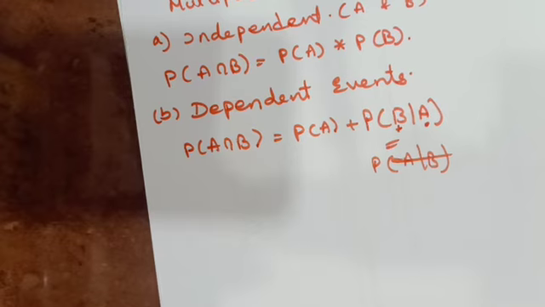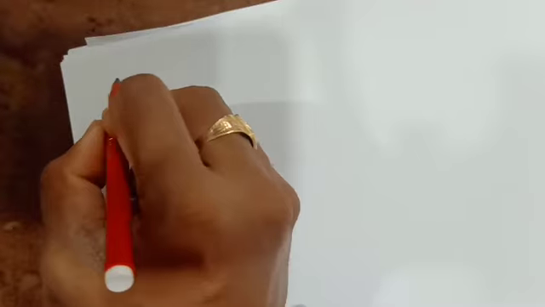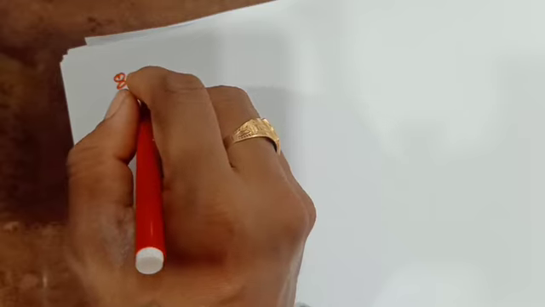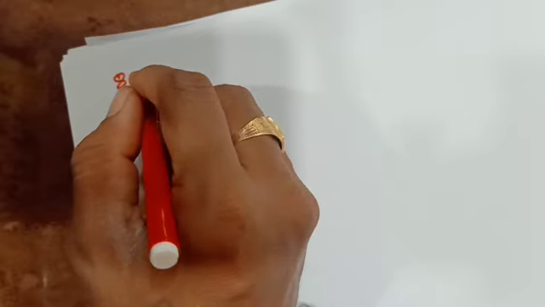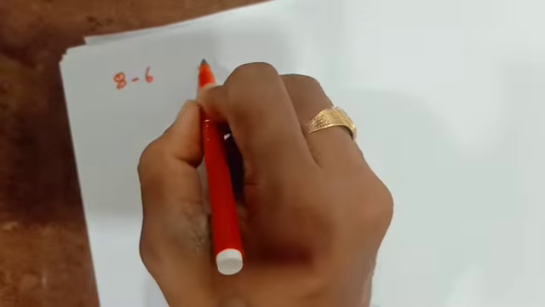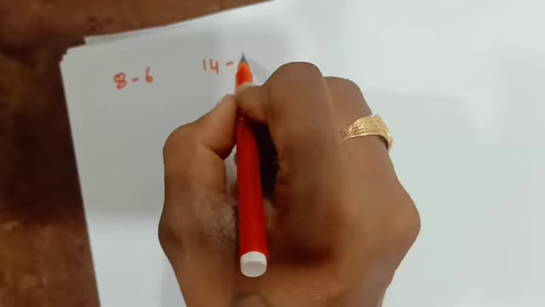You can refer to it, so we look at the problem. What is the problem? The odds against a student X solving a business statistics problem are 8 to 6, and odds in favor of student Y solving the problem are 14 to 16.